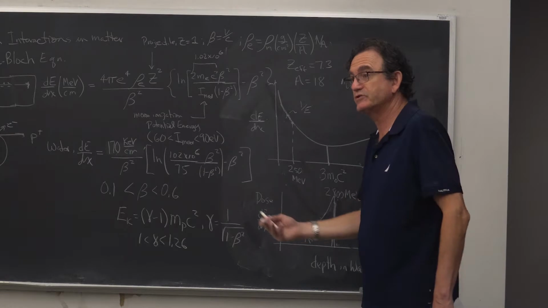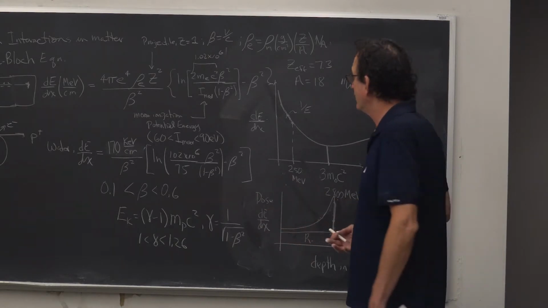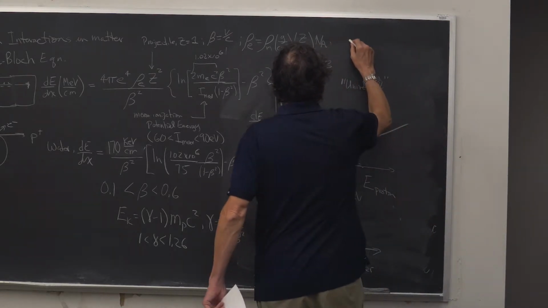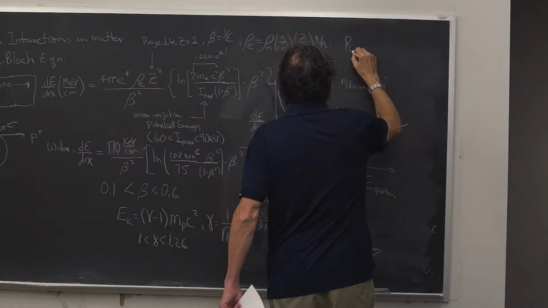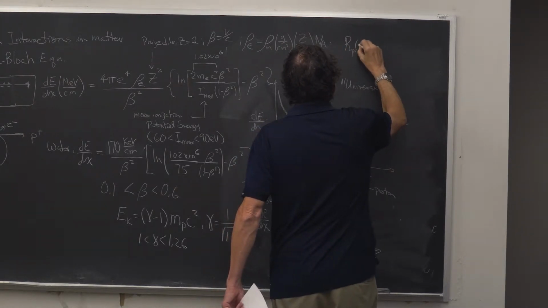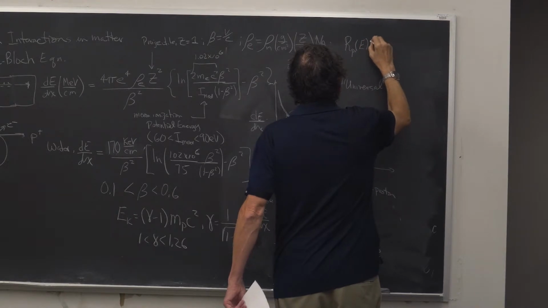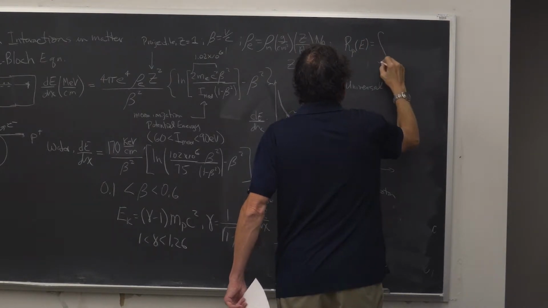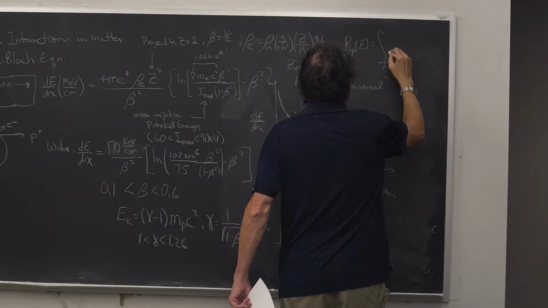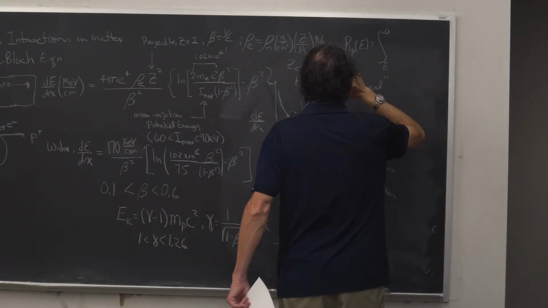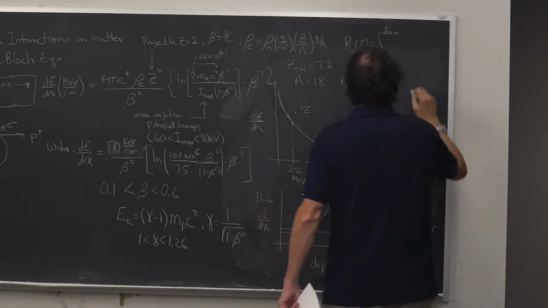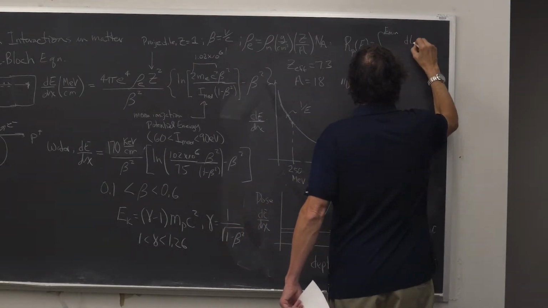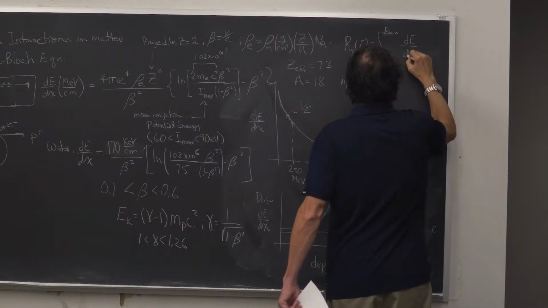Now I can define the range R in terms of dE/dx. If I want to write that explicitly, I can say that the range of protons of a given energy E is given by the integral from the energy E to 0, or we will say E min, we can define E min in a minute, times the integral of dE divided by dE/dx.